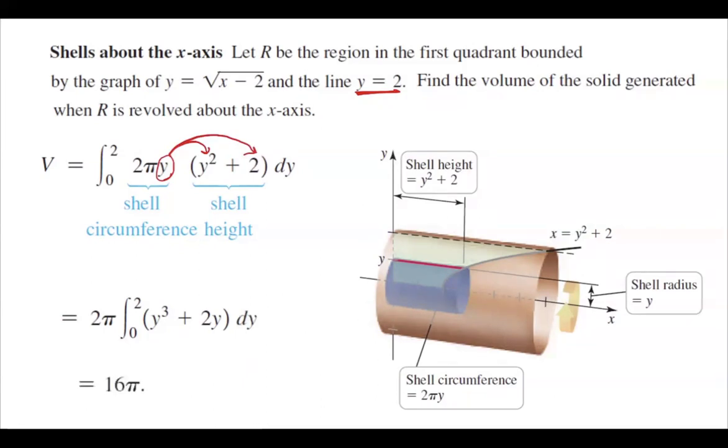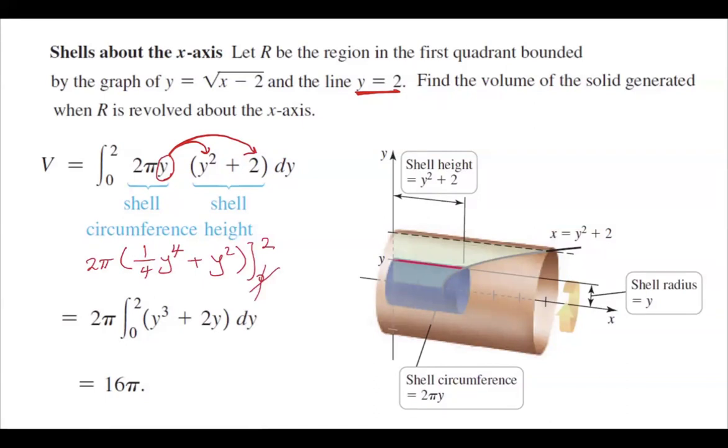So you have 16 pi. Well, doing the calculation shouldn't be that difficult for you. This is equal to 2 pi times 1/4 y to the 4 plus y squared, and y ranges between 0 to 2. I'm not going to use 0 because both terms become 0.